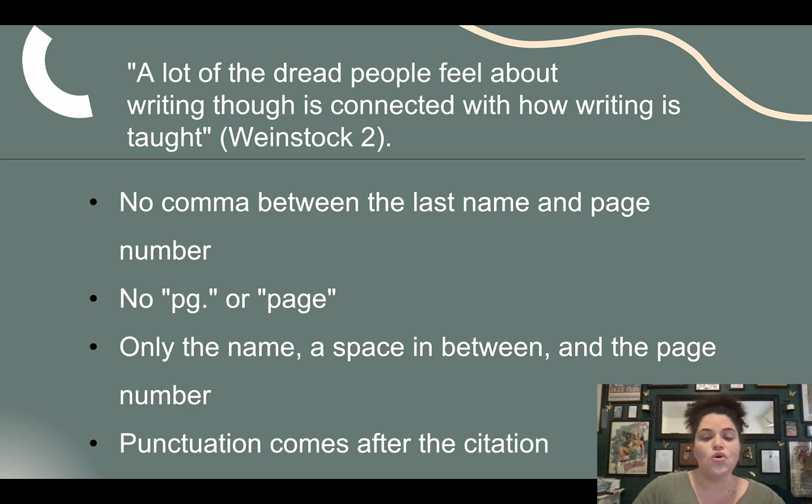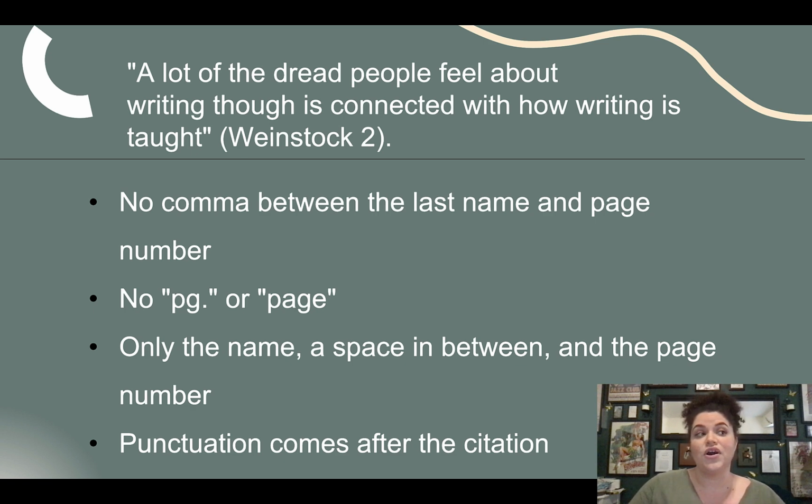Notice that there is no comma in between the last name and the page number. It's not Weinstock pg. or Weinstock page and then the number. It is simply the last name, space in between, and then the page number. Also, I want you to notice where the period is in this example.